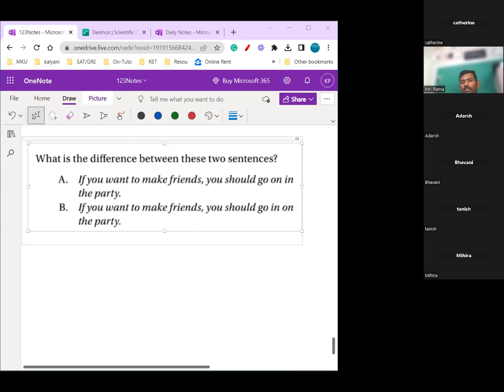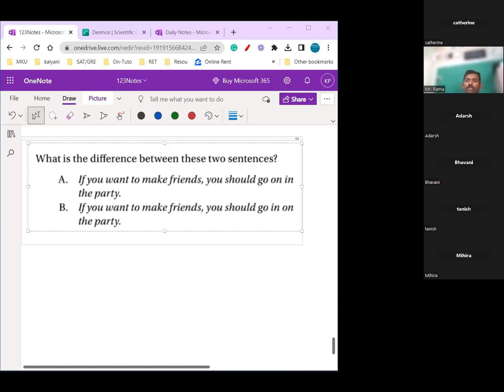But when you say go in on, that means you're asking him or her to contribute some money to the effort. In sentence B, somebody is throwing a party, and would you like to pitch in for the party? You know what I'm saying?